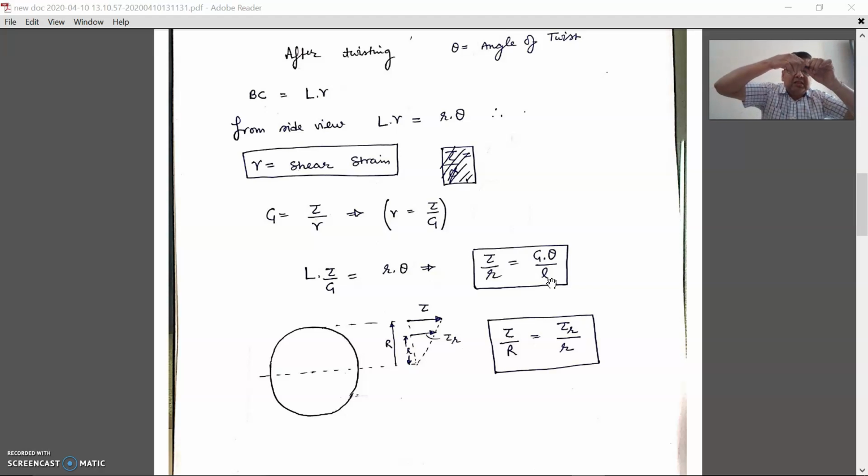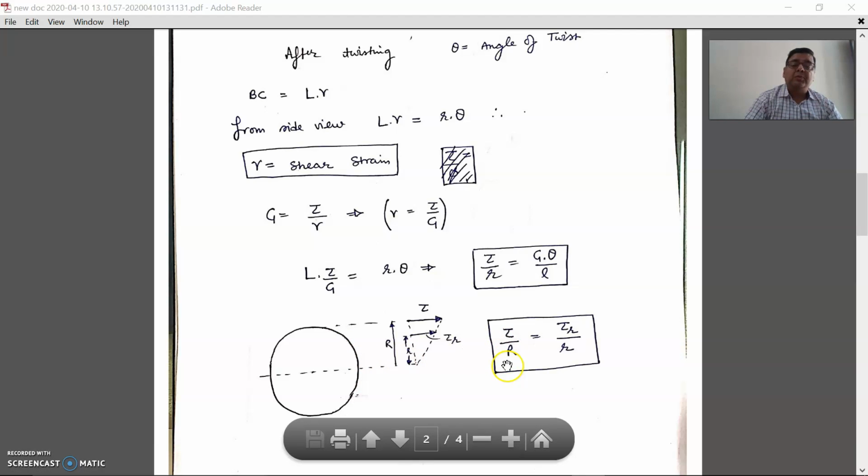Because at the outside, the maximum shear stress exceeds the permissible limit, whereas on the inner side the shear stress experienced by the material is less. That is why cracks will appear first on the outside surface.